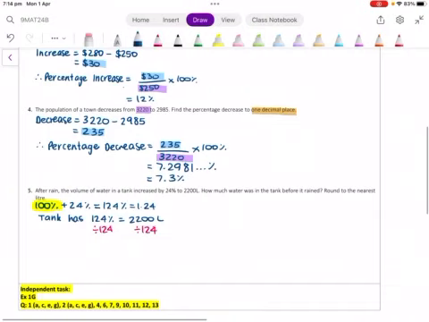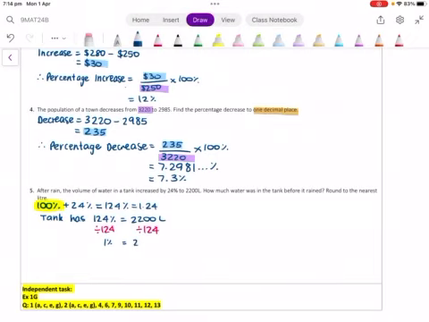When we divide 124% by 124, we get 1%. When we divide 2,200 by 124, we get an ugly decimal, so we're just going to leave this in fraction form. And then we need to times by 100 to find out what this 100% is.